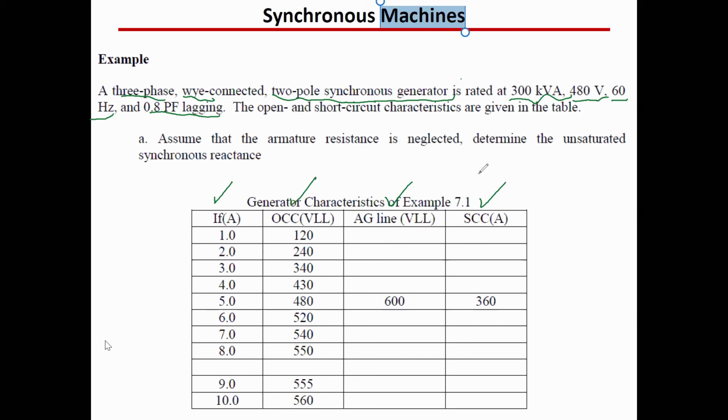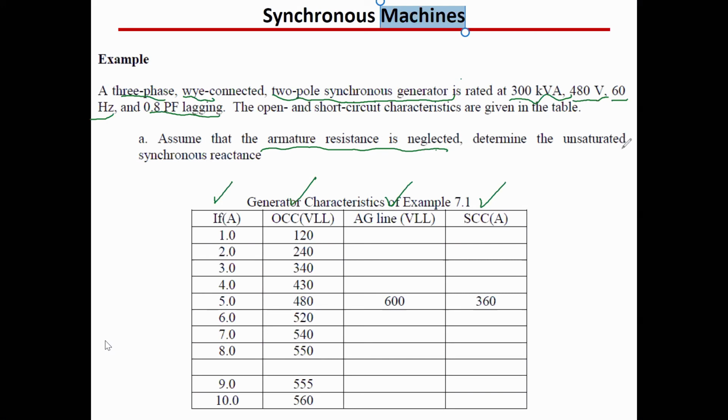They're making it easy here. So the question is: find it if the armature resistance is neglected. What does that mean to you, the armature resistance is neglected? Z equals XS. Yes, there is no need for the DC test, and Z will be XS directly.